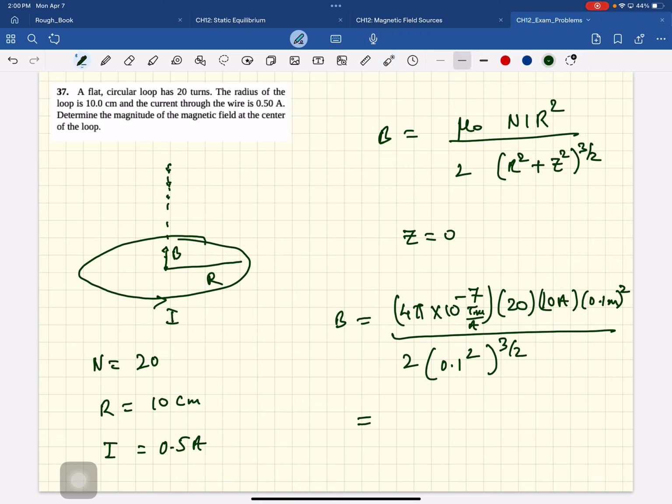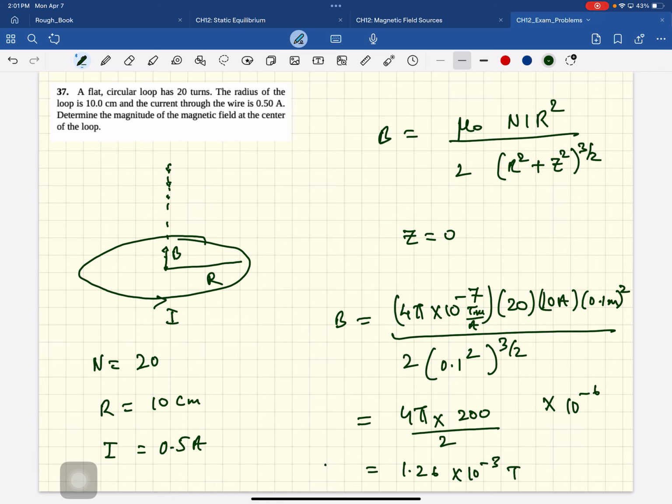So that's 10 to the minus 6. 4 pi times 200 divided by 2. Okay. So 2 pi times 200. So 1.26 times 10 to the minus 3 Tesla.